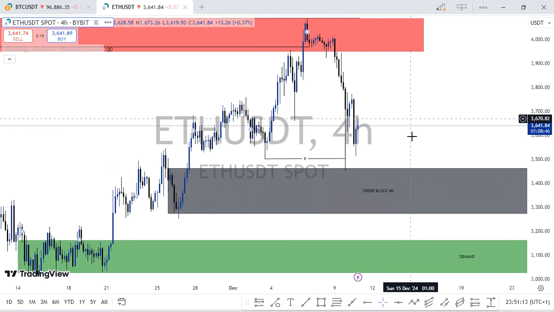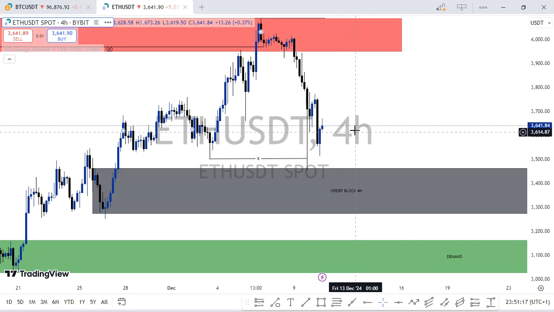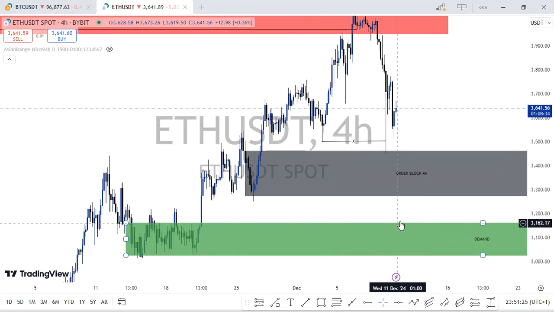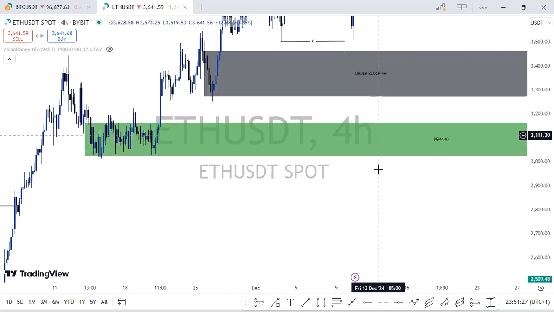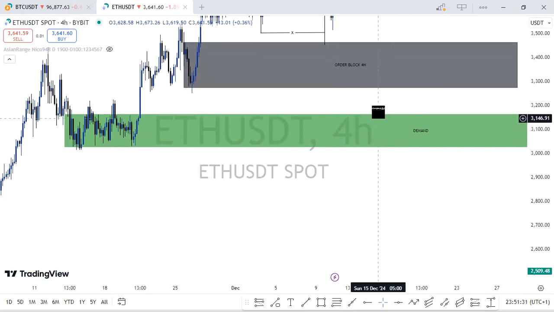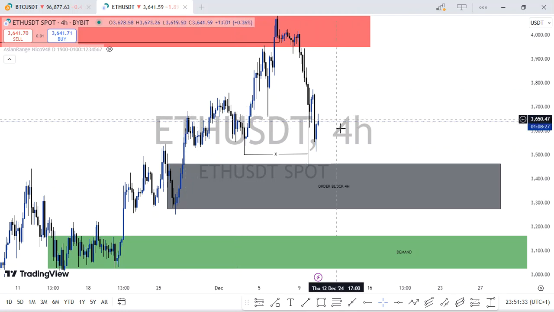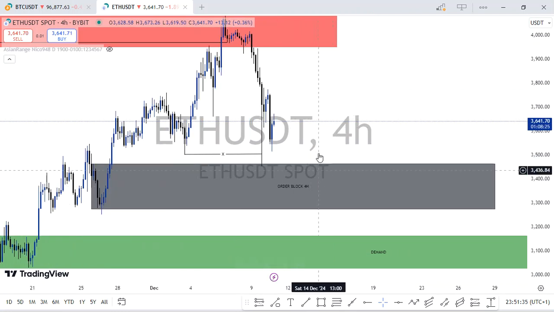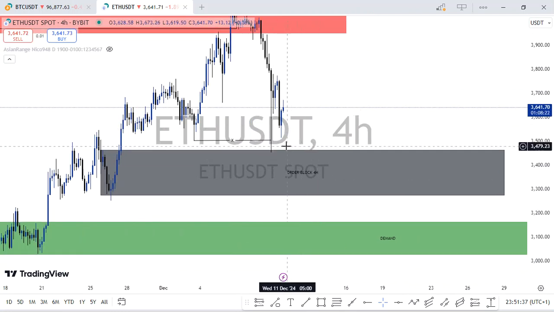I need to see an invalidation first, and I need to see a reaction. Price needs to react to a particular point to give me a clear indication that I need to take my trade from this little internal demand zone at the extreme, right? That's exactly what I am expecting from this particular trade here.